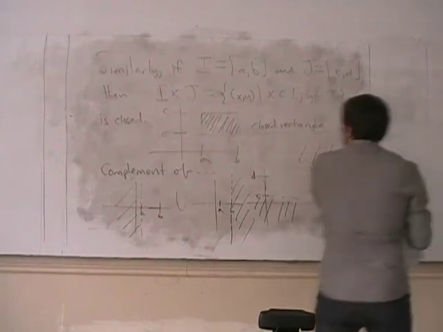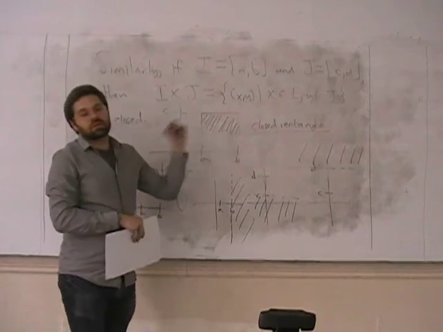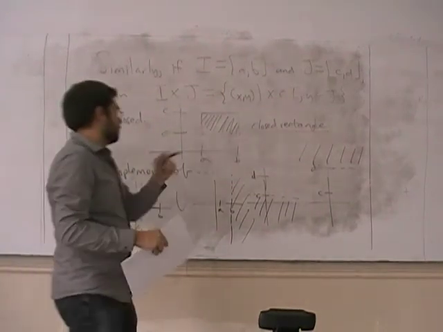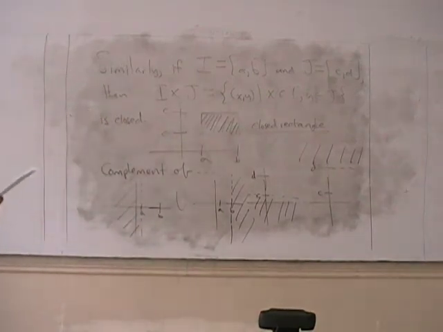So you take the union of those four open sets, you get everything that's not in the closed rectangle. So that's a proof that it's closed. And that's pretty much a full proof that it's closed. You just need to now see that these are open.